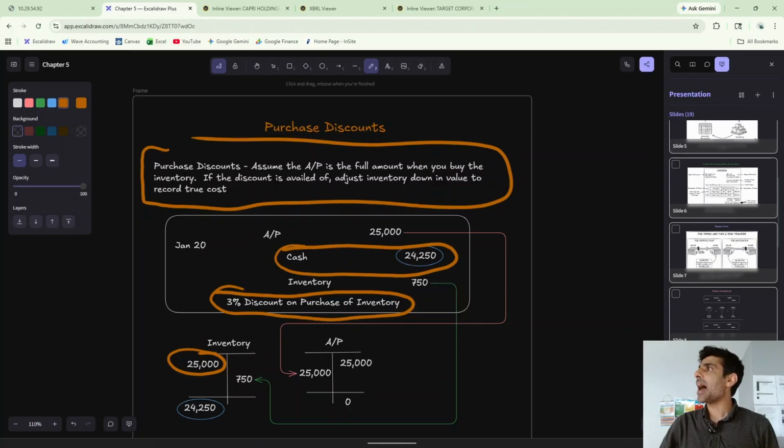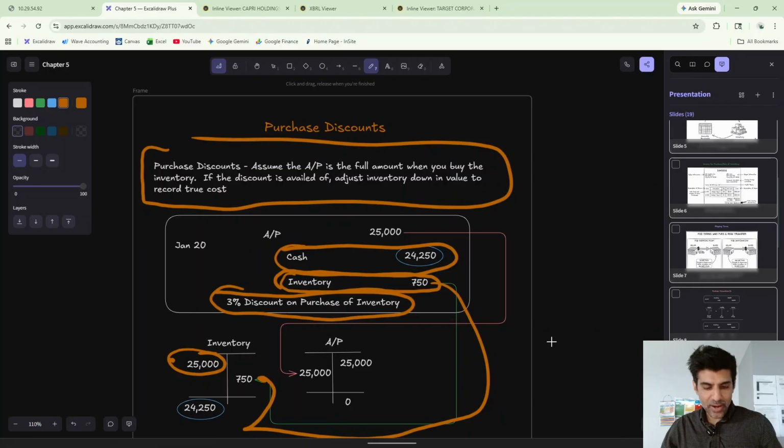So our inventory asset is not worth 25,000. It's only worth 24,250, because that's how much we actually bought it for. So we have to reduce the inventory by that discount amount. You can see here, this 750 is going as a credit here. And so now my ending inventory balance is correctly lined up with how much cash I paid.